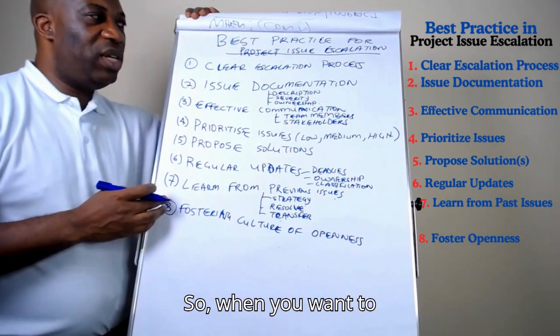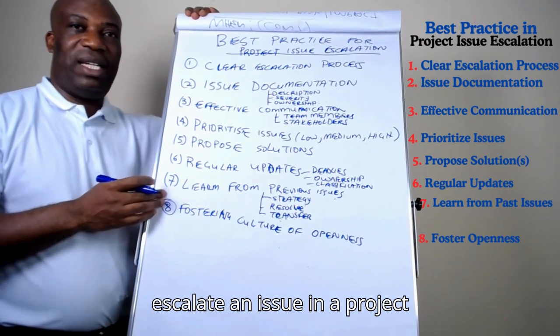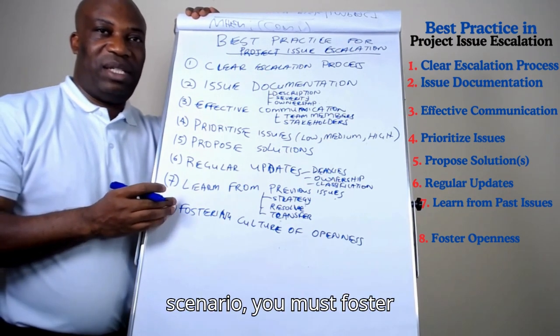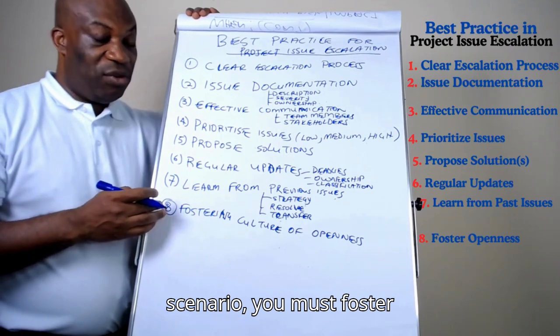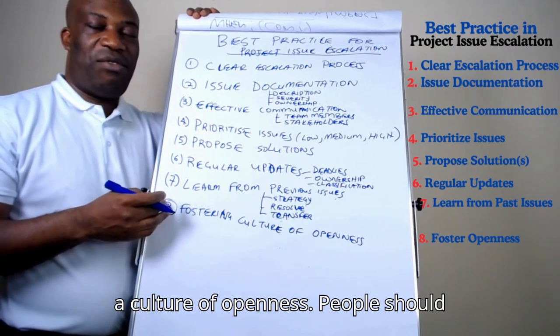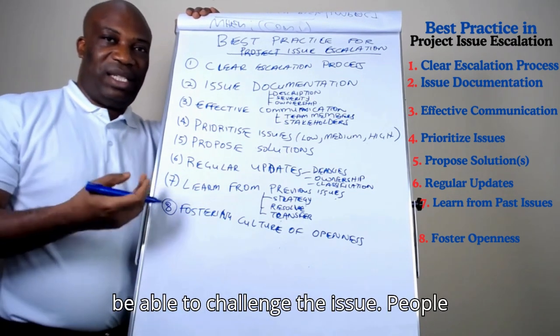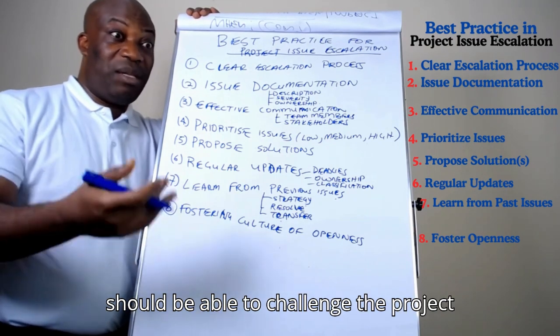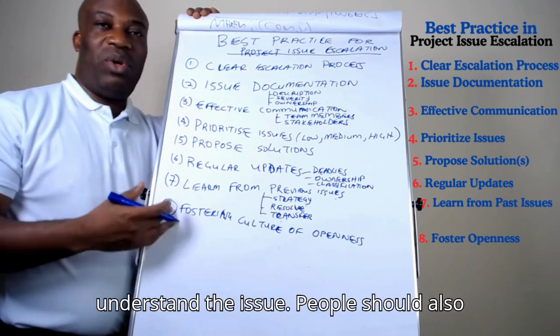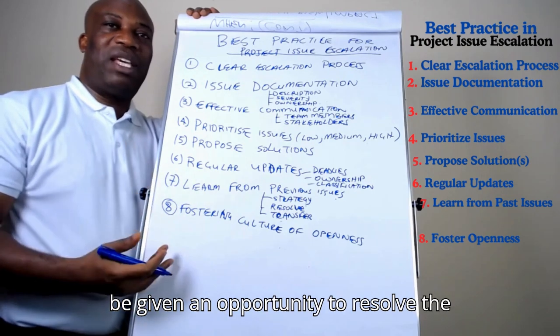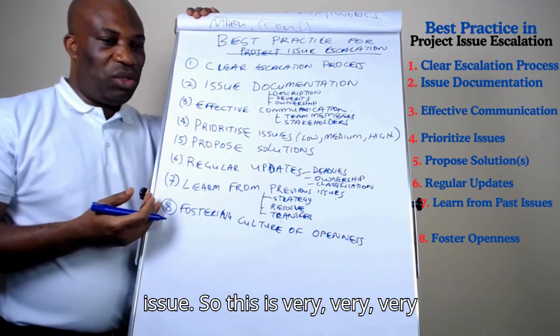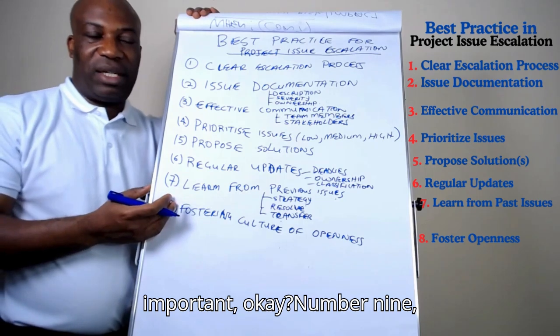So when you want to escalate an issue in a project scenario, you must foster a culture of openness. People should be able to challenge the issue. People should be able to challenge the project manager. People should be able to understand the issue. People should also be given an opportunity to resolve the issue. So this is very, very important.